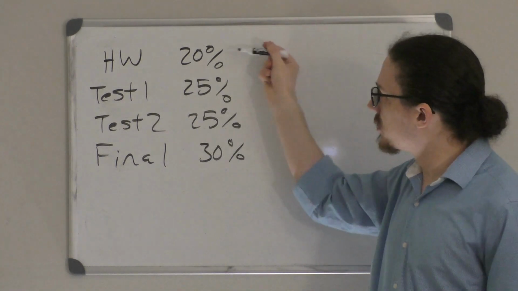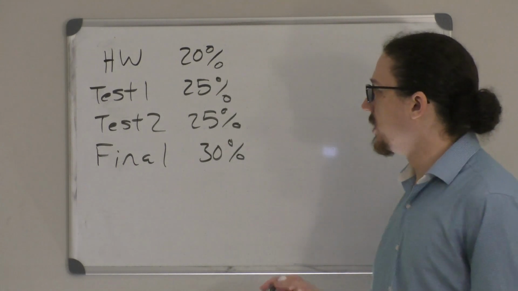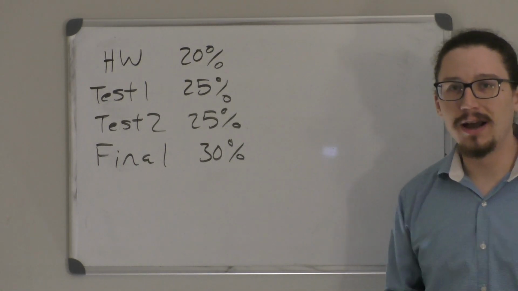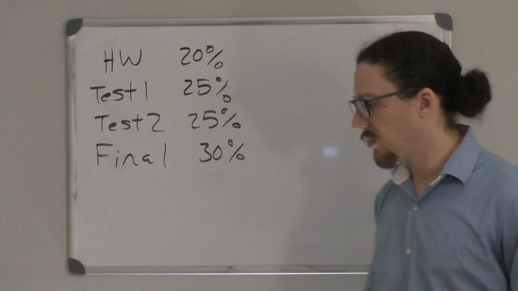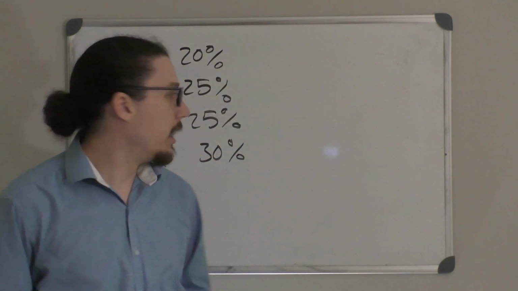Your homework average is going to be 20% of your final grade. The first and second test are going to be 25% each, and then the final is going to be 30% of your grade.